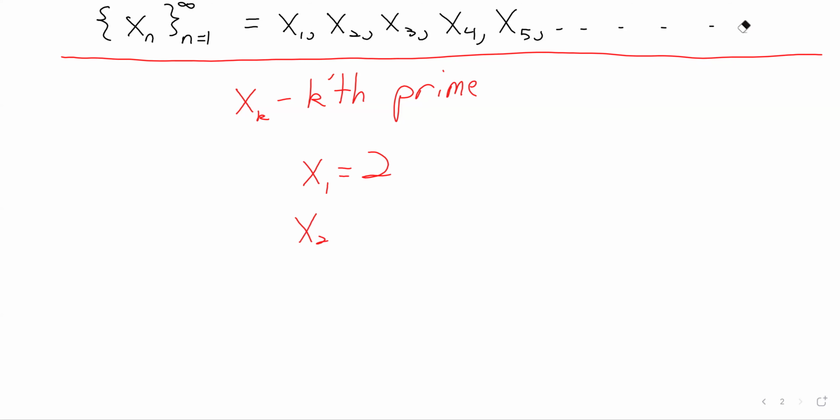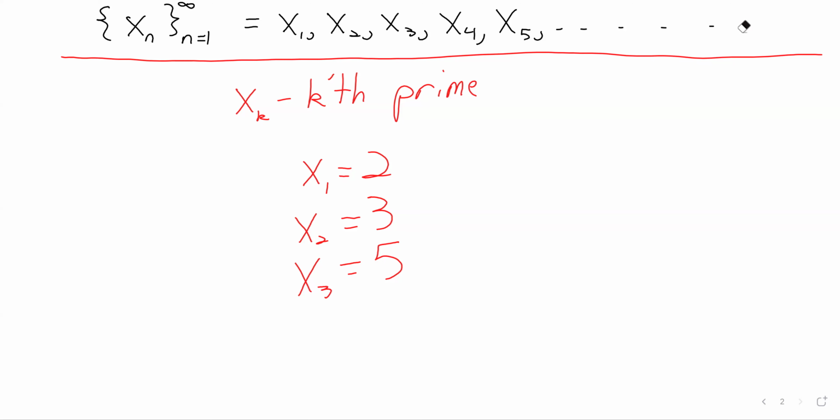X sub 2 is the second prime number. The second prime number is 3. X sub 3 is the third prime number. That's 5, and so on. So, convenient in a sense. Inconvenient if you want to know what x sub 100 is, because to find that out, you'd have to go to a list of prime numbers and find what the 100th prime is.